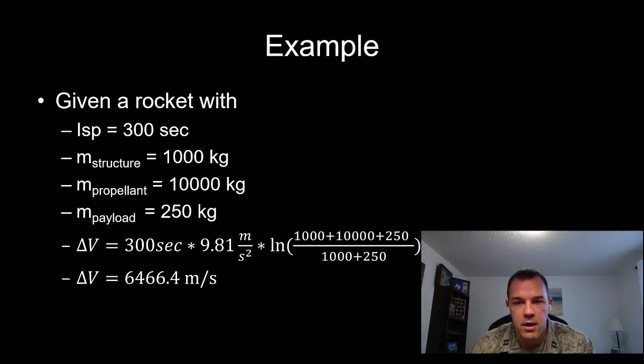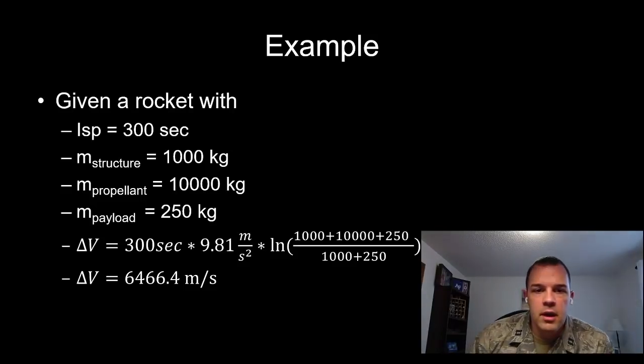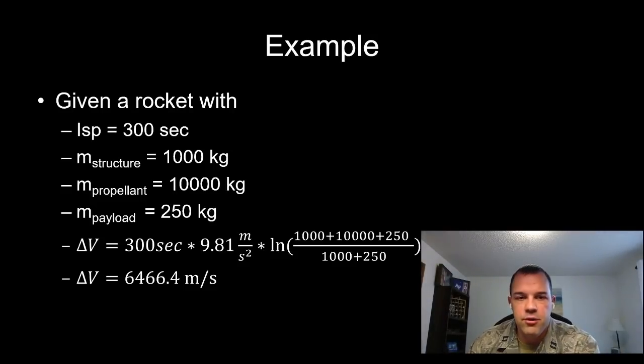It's not a meaningful unit. And suppose the structural mass of the rocket, and that's just all the metal, the pumps, all the fixed components within the rocket, is about 1,000 kilograms. Let's also assume that the propellant mass is 10,000 kilograms. So we have a lot of propellant in there. And finally, we have a 250 kilogram payload on top.